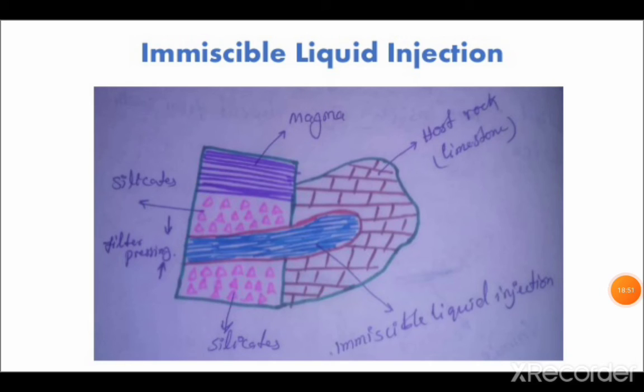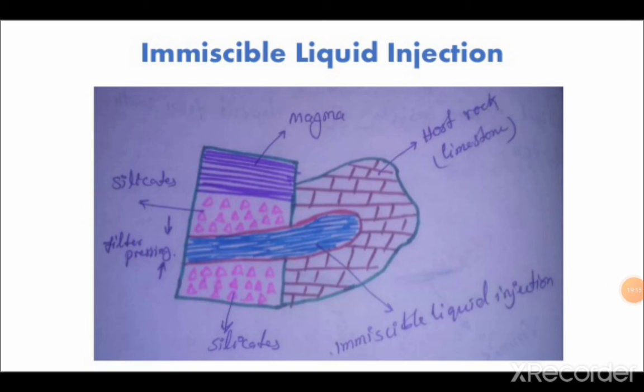Here, silicates are present in one rock and the host rock is limestone. The immiscible liquid is injected into the host rock. Later, it will be cooled down completely. The injection deposits are formed.